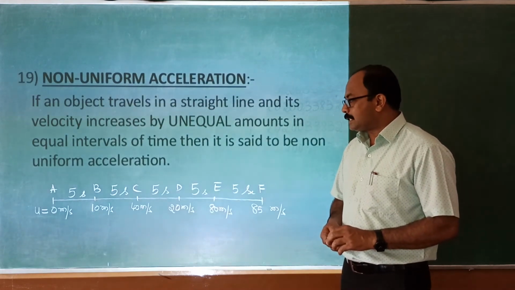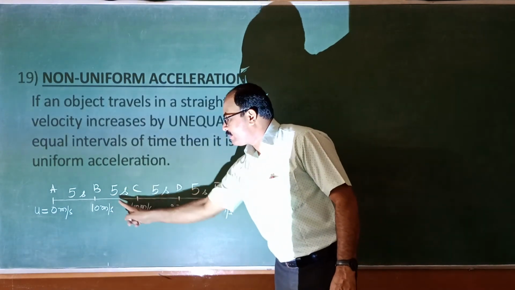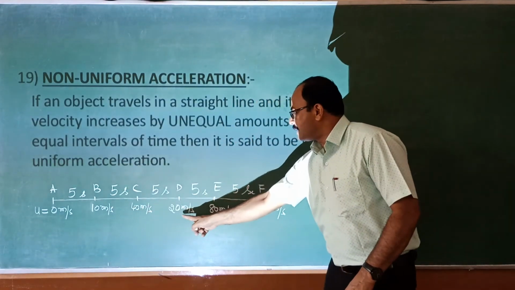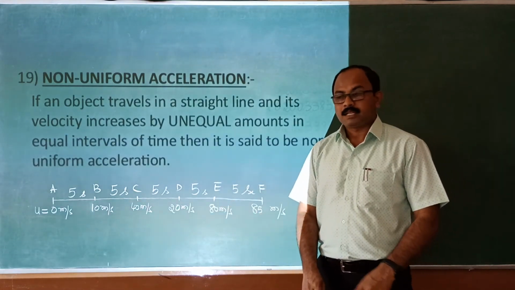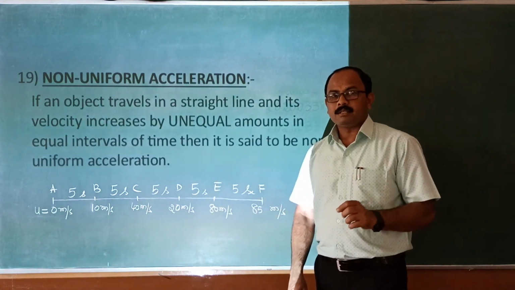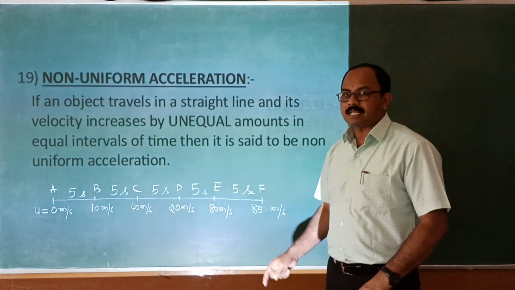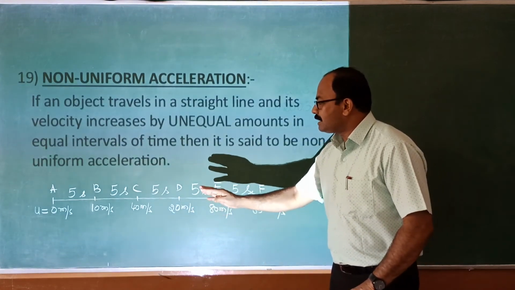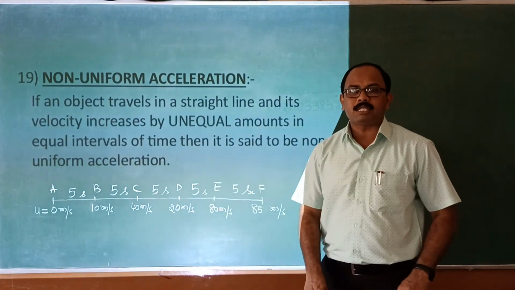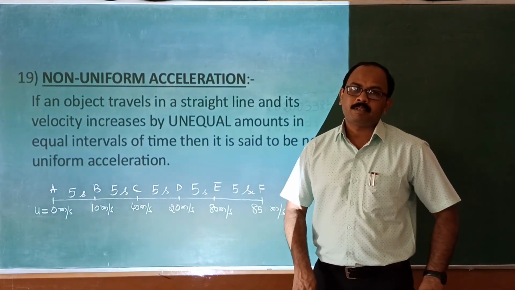After 5 seconds, 20 meters per second. Velocity increases, decreases, again decreases, again increases, again increases. Here the interval of time is the same, equal intervals of 5 seconds. But the increase or decrease of velocity is not by equal amounts, children.